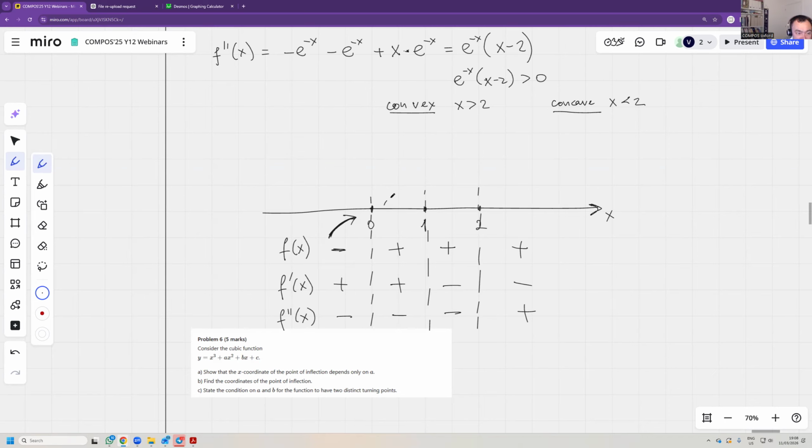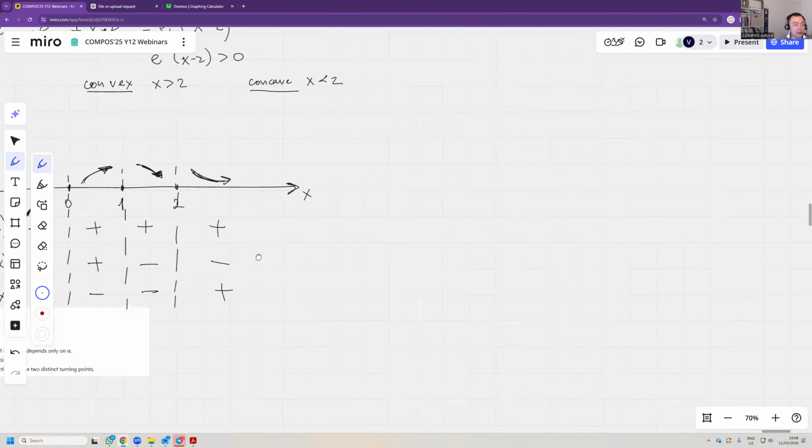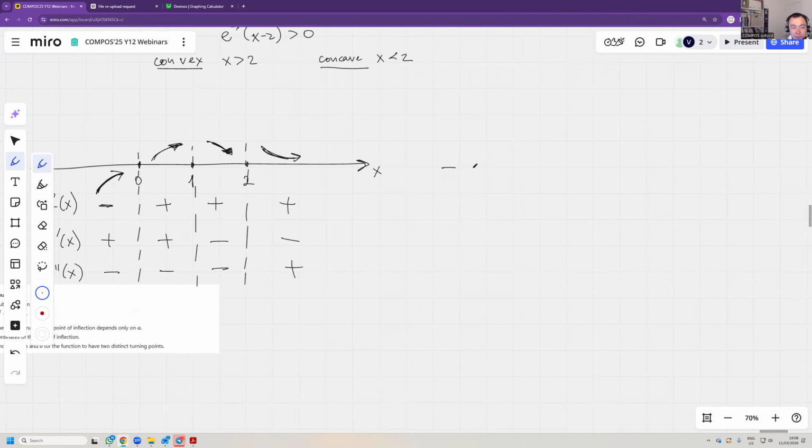So it's like this. From 1 to 2, it's decreasing, it is concave, and it's positive. So it goes like this. And then from 2 to infinity, it is decreasing, it is convex, and it's positive. So it goes like this. And that gives you a really good idea how the graph looks.